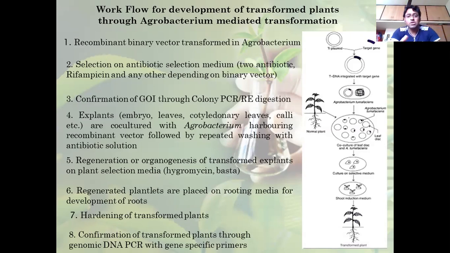Now, what happened? Suppose we have developed a recombinant binary vector where my gene of interest is there. You have already learned about the different cloning techniques and procedures, through which we are able to clone and develop a recombinant vector. That recombinant vector, next, we will transform into the empty Agrobacterium strain.